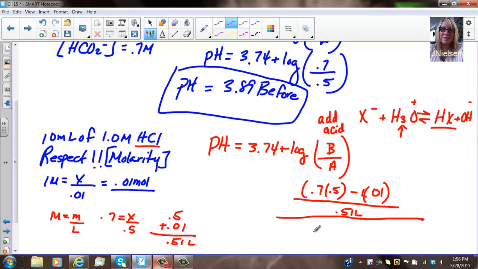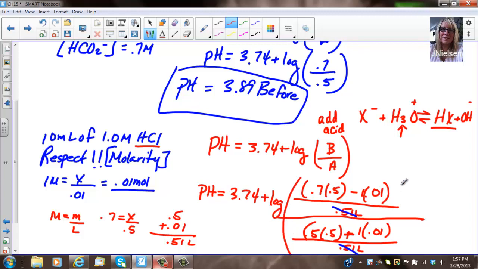Now for my acid, I had 0.5 molar, and that was times 0.5 liters. Now I'm adding, because I'm adding acid, 1 times 0.01 over 0.51 liters. So I can get rid of the 0.51 liters. So what I really have is my pH is equal to 3.74 plus the log of 0.7 times 0.5 minus 1 times 0.01 over 0.5 times 0.5 plus 1 times 0.01.